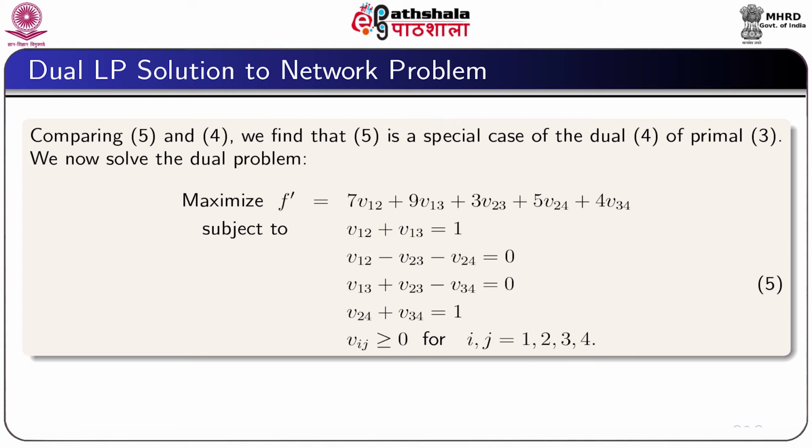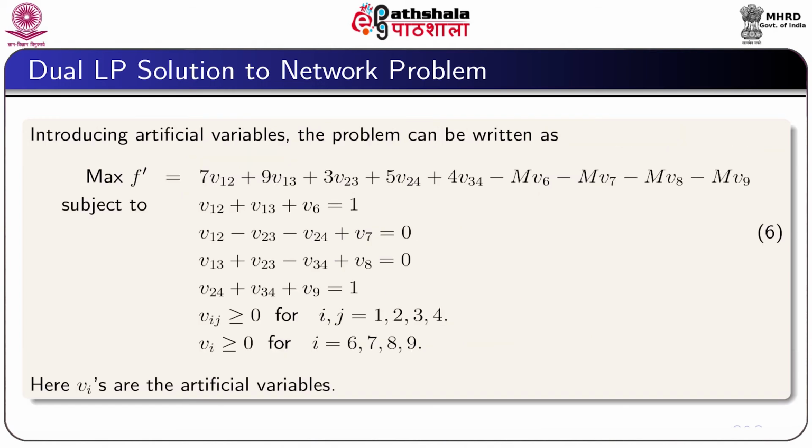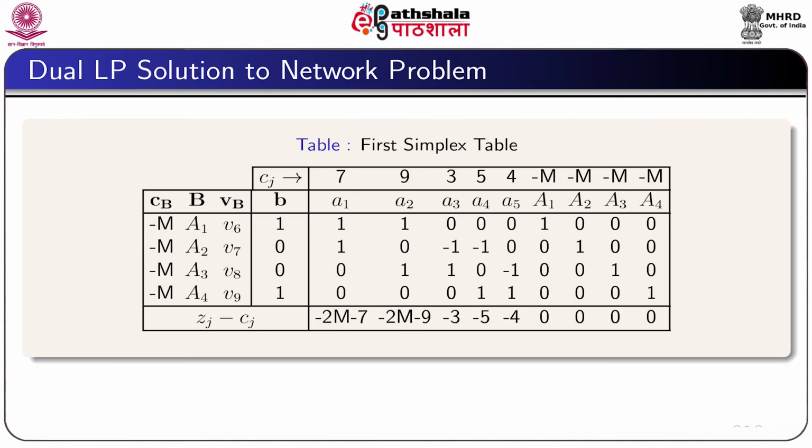Here we introduce V6, V7, V8 and V9 as the artificial variables, and then the problem is converted into the form as shown in this slide.